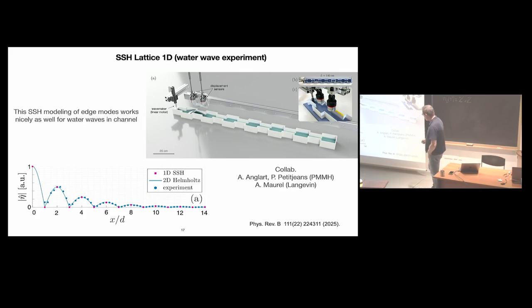It was part of the PhD thesis of Adam Anglart, in collaboration with Philippe Petitjean from PMMH and Agnès Maurel from Langevin. Once again, this edge mode is very robust, and the agreement between the 1D, the 2D numerics, and the experiment is very good.